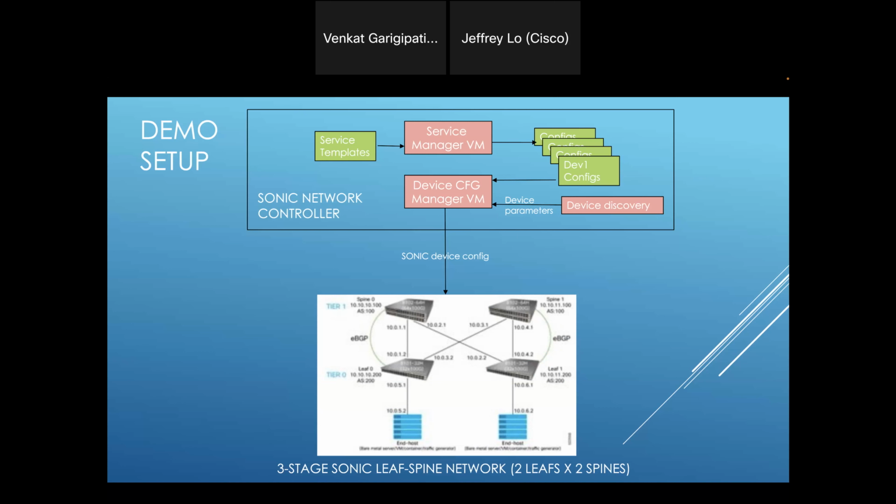It takes in the configuration files as input and programs the network. Later we'll showcase the device configuration before and after the application. At the same time, we have a small device discovery emulation that emulates what devices are discovered in the network, and that kickstarts the device config manager to push the configuration to the network.